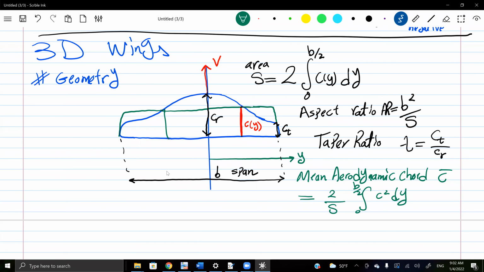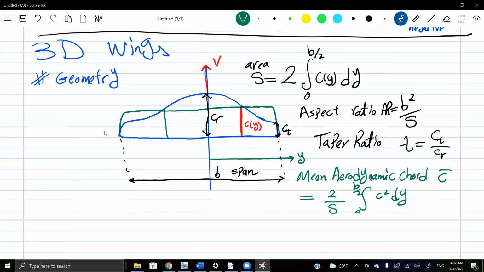This rectangular green wing is expected to have the same aerodynamic characteristics as your funky wing. It's a rectangle, so it has a constant chord throughout.